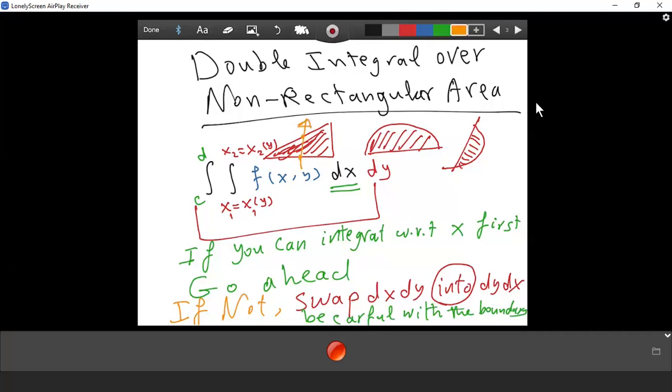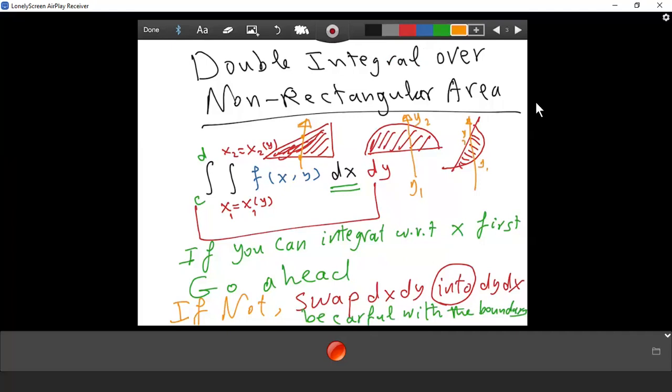Also here, I come from down to up to get y1 and then the last one will be y2. This is how to find the limits of y when you swap y with x, depending on your region of integration.